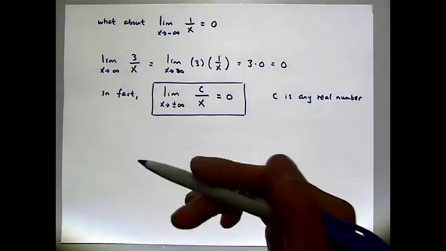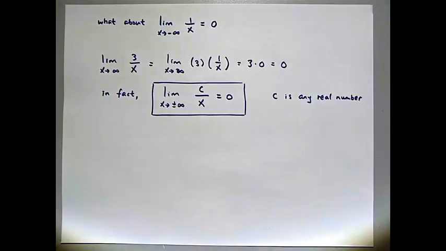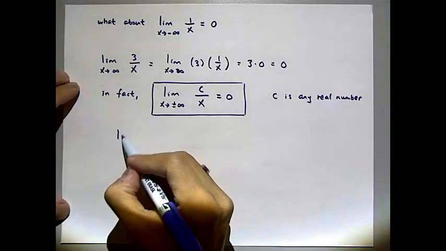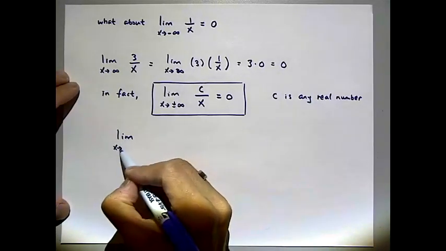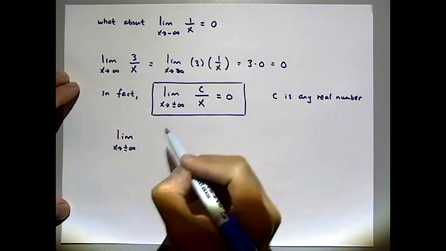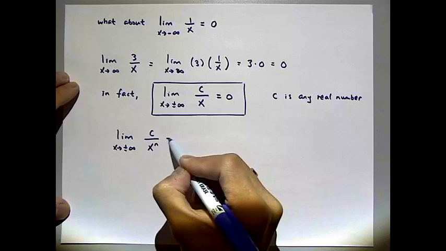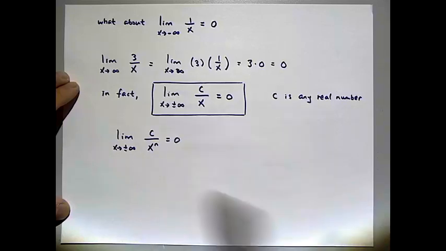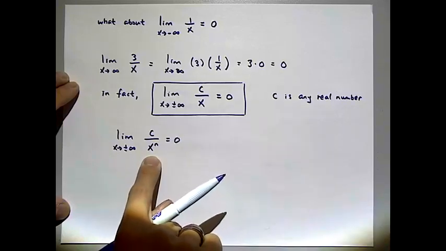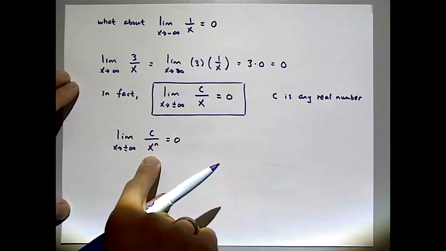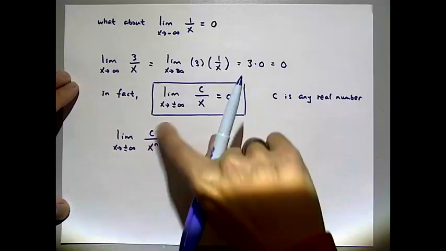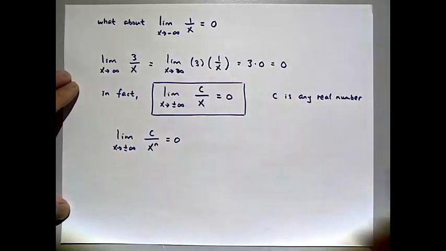So the overall ratio gets smaller faster. So the limit as x goes to plus or minus infinity of any constant number over x to the n goes to 0. The only thing that's going to change is how fast the denominator grows, and therefore how fast the overall ratio goes to 0.